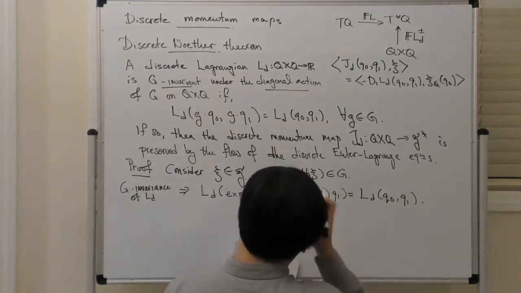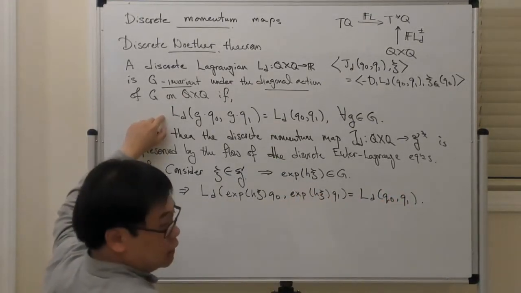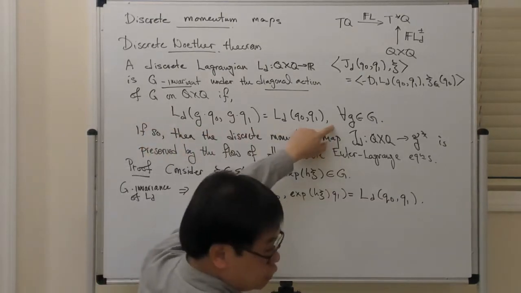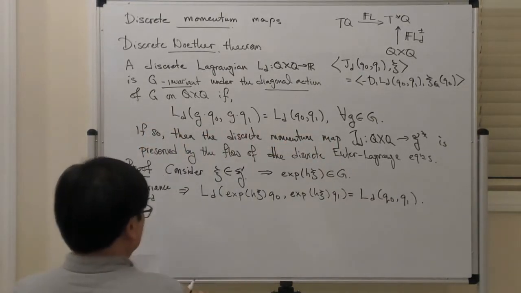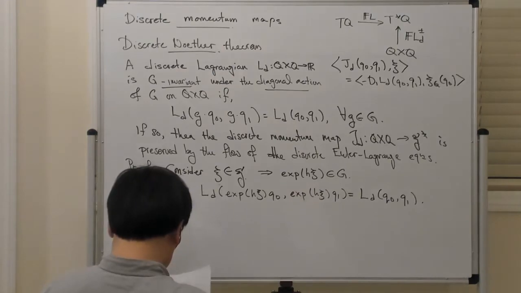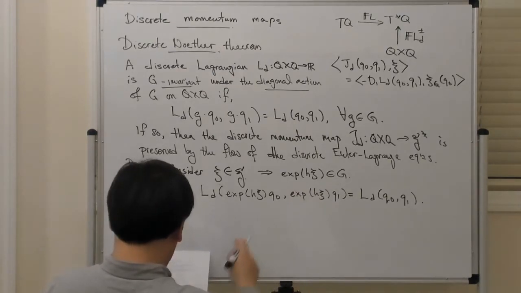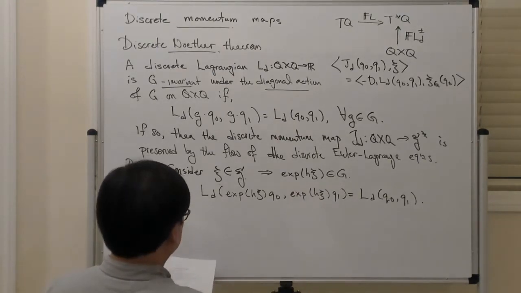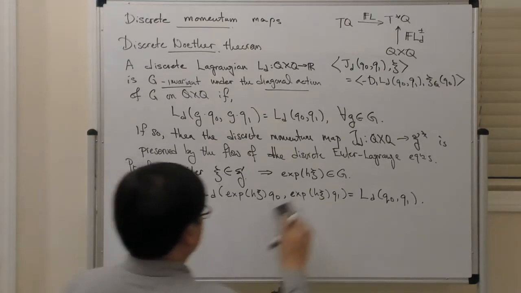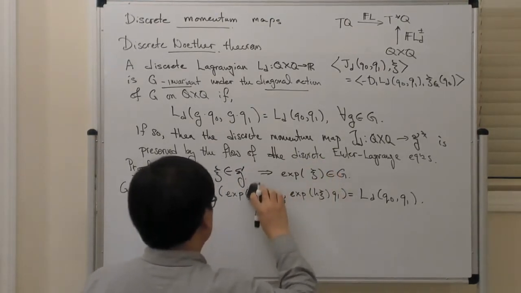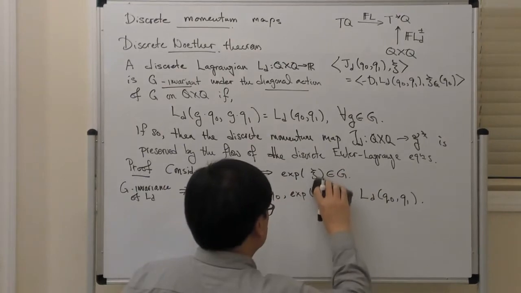Okay, so this is again just coming from the definition of G invariance, which needs to hold for all group elements. Okay, right. Then you can differentiate this. Well, maybe I shouldn't call it h and call it s. Okay, so let's say s.